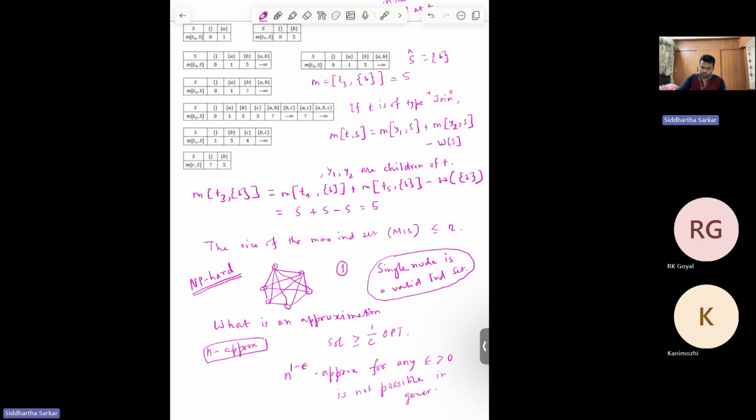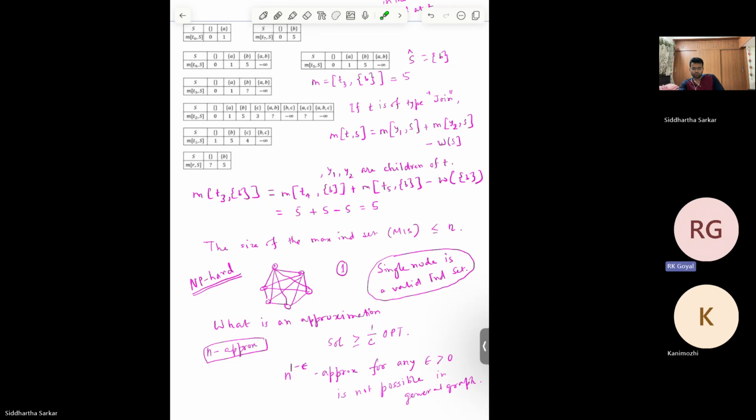It is so hard that other than doing the naive thing of outputting a single node, whatever clever things you do, beating n approximation and getting slightly better than n approximation, which is n to the 1 minus epsilon, is not possible.